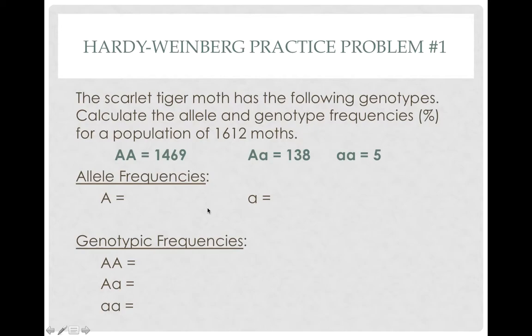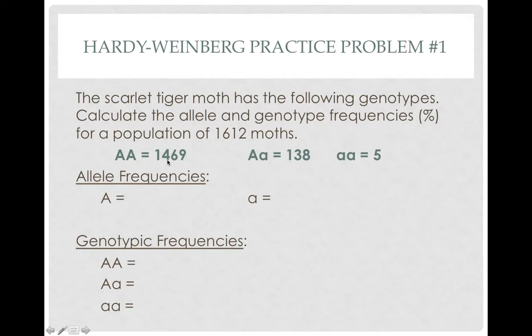All right, so to solve this problem, the first thing you're going to do is try to calculate the allele frequencies of capital A and lowercase a. To do this, you're going to add the total number of capital A capital A's and half of the number of capital A lowercase a's. Because if there are 138 total of those, half of the alleles are capital A, while half are lowercase a.